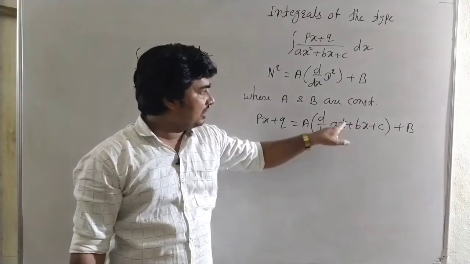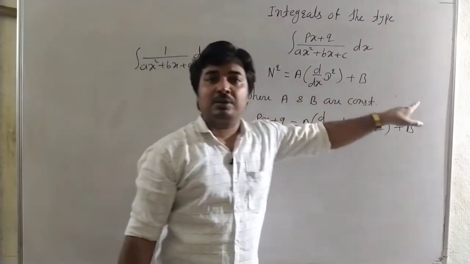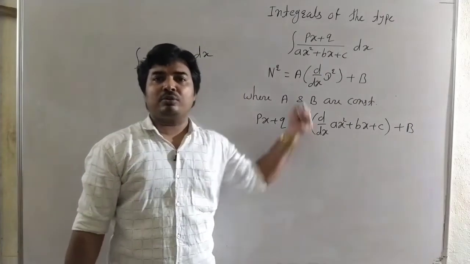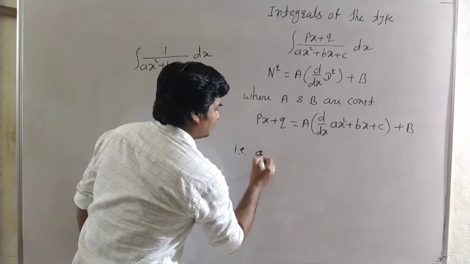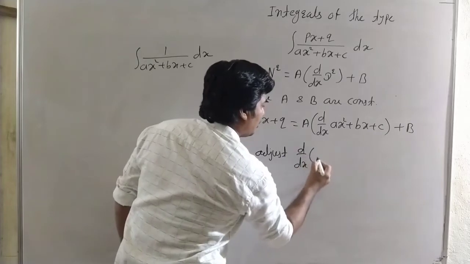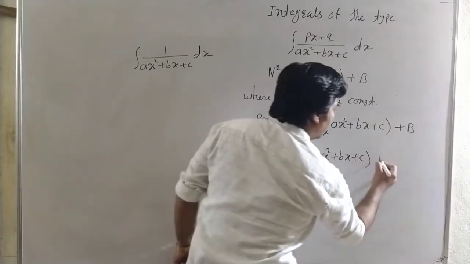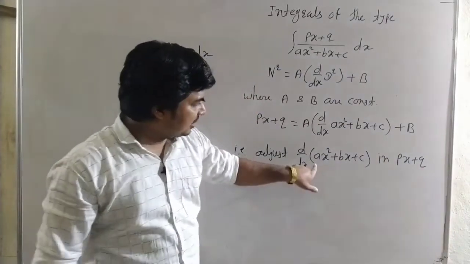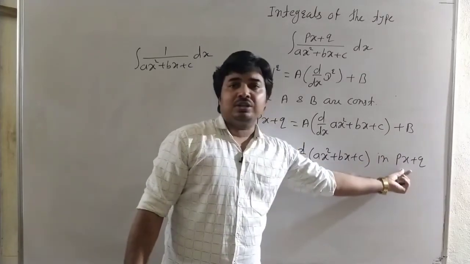It is x square; when differentiated, we get a term in x. So we adjust in the numerator the derivative of the denominator, in linear function. When we differentiate this quadratic function it is also a linear function, and the numerator is also a linear function.